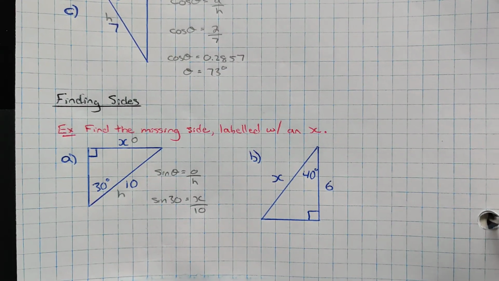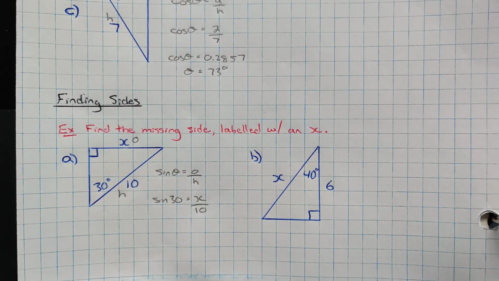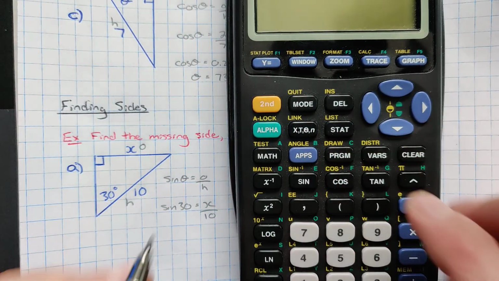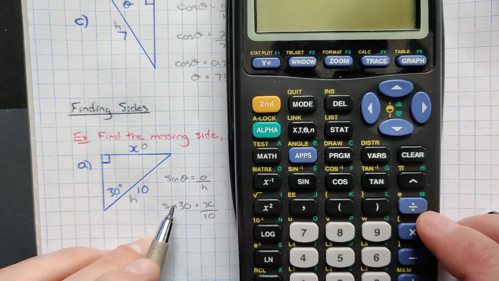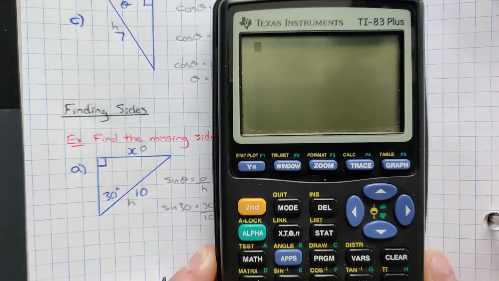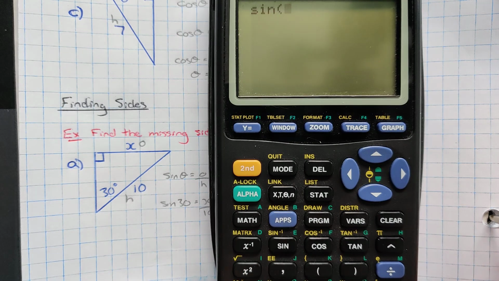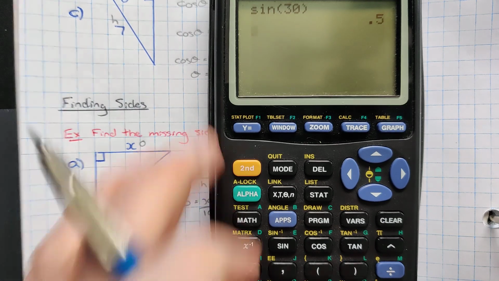And now all I got to do is convert my sine to a decimal. So in this case, when I have sine 30, when I have the angle, I want to convert it to a decimal. I'm just going to press sine 30. No second function this time. Just sine 30. Just like here, I get 0.5.